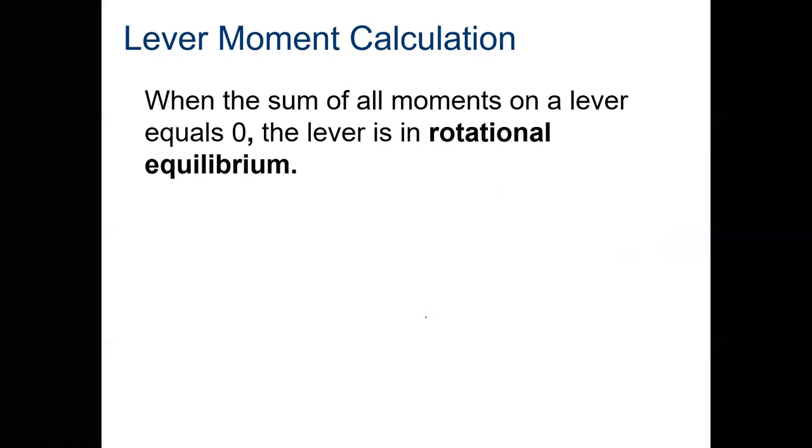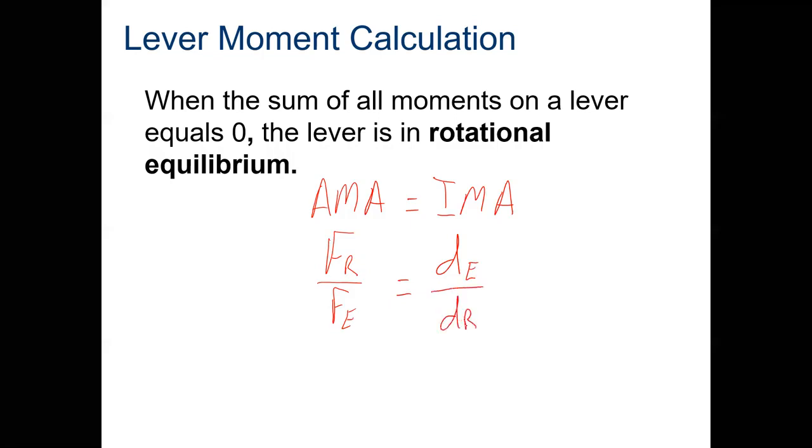But AMA and IMA are important because the concept of levers and how we can solve for things later is all based around rotational equilibrium. And when it comes to simple machines, what does that mean for us? It means that AMA is equal to IMA. So if I remember, AMA is FR divided by FE, which is equal to IMA, which is DE divided by DR. If I rearrange this, in math, if you remember, cross multiply, right?